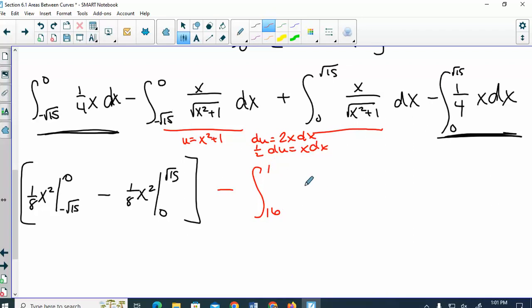Put in a 0, you get 1. 1/2 u to the negative 1/2 du. The other one would go from 0 to 16. 1/2 to the negative 1/2 du.